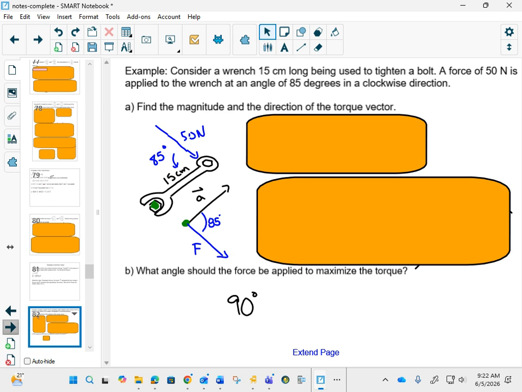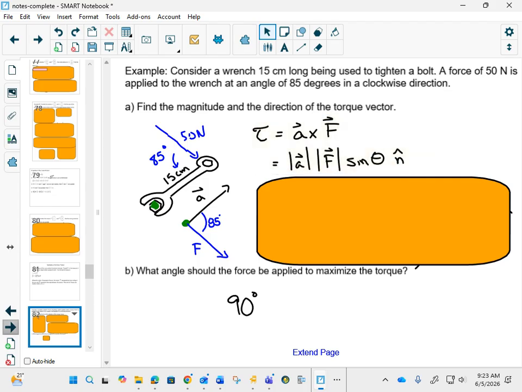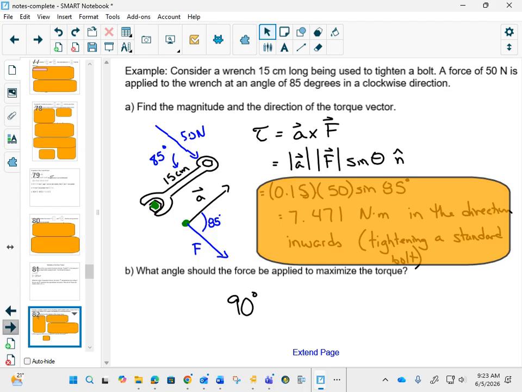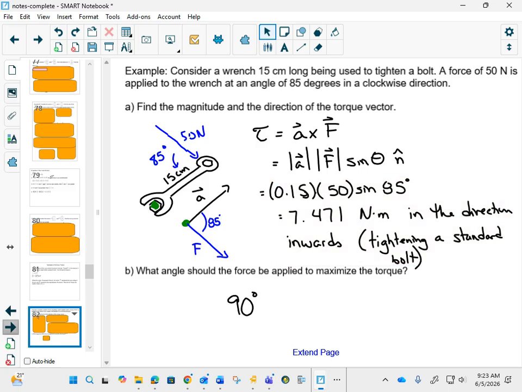So what happens is we take our wrench vector, which I've done in black here as A, we take our force vector and put them tail to tail with the 85 degrees in between. The length of the wrench was already given to be 15. The force was 50. Sine of 85.